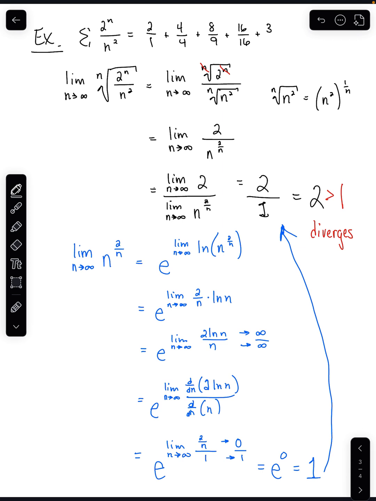Then 2 to the 5th over 5 squared. Then 2 to the 6th over 6 squared, and we can see that the numerator is definitely growing considerably faster than the denominator is. Therefore, these terms are growing, and by the divergence test, this series would certainly diverge.